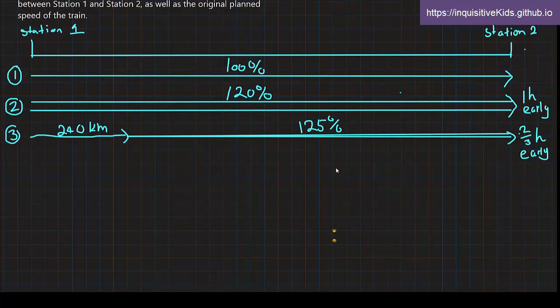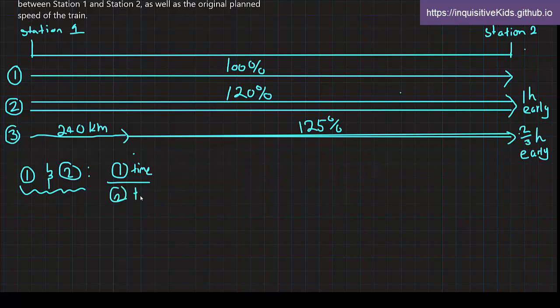Now what we have to do is use the sketch to compare. If we compare number 1 and 2, the ratio of time used for these two scenarios is going to be 6 to 5.